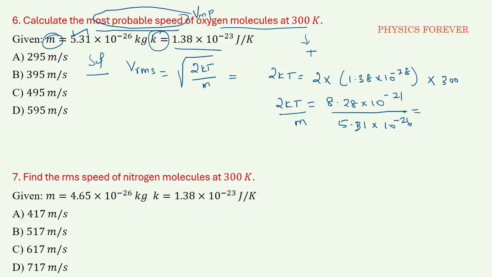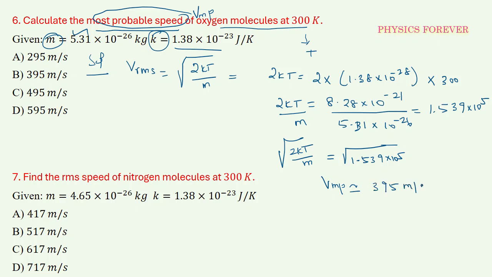We get 1.539 into 10 power 5. Then we take the square root, so the most probable speed is approximately 395 meters per second.